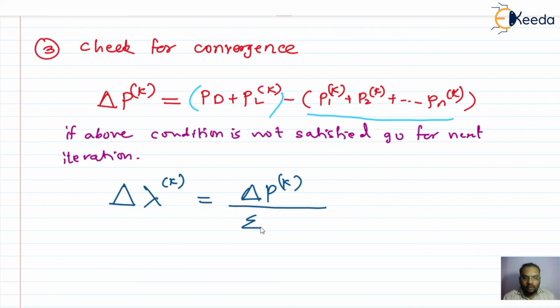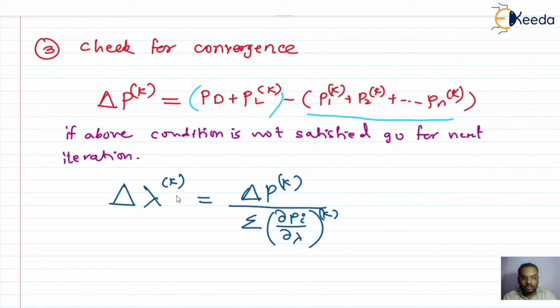In the denominator you have the summation of the differentiation of the power output with respect to lambda. Again this will have different values in different iterations. So you have to calculate this, and you have to get this change in lambda.